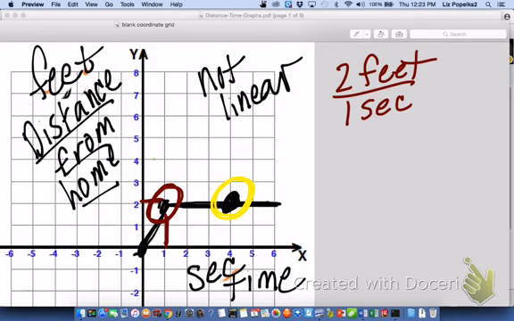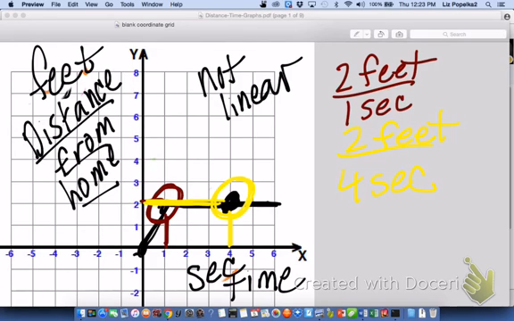According to this coordinate, I've traveled for 4 seconds, but I've still only traveled 2 feet. So basically, the time is moving, but I'm not moving. I'm still only 2 feet from home, even after 4 seconds have passed.